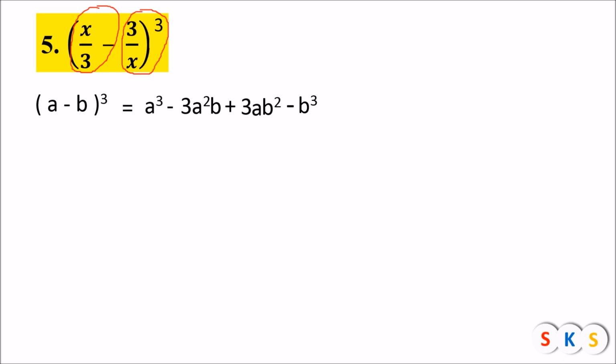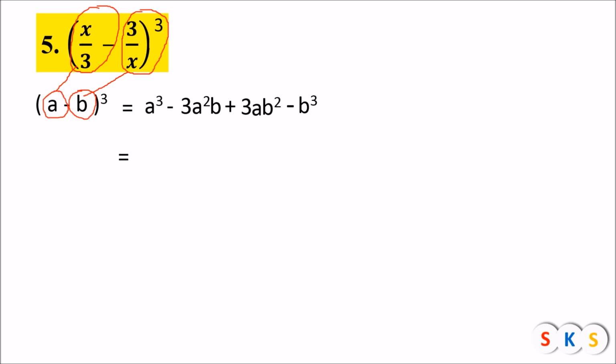So what is a over here? a will be x upon 3, and what would be b? 3 upon x. So in place of a we will write x upon 3, and in place of b we will write 3 upon x.